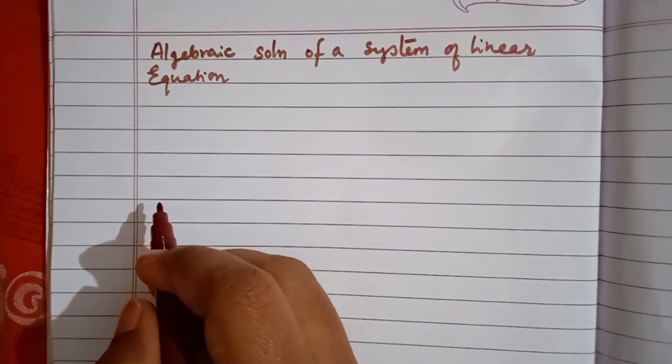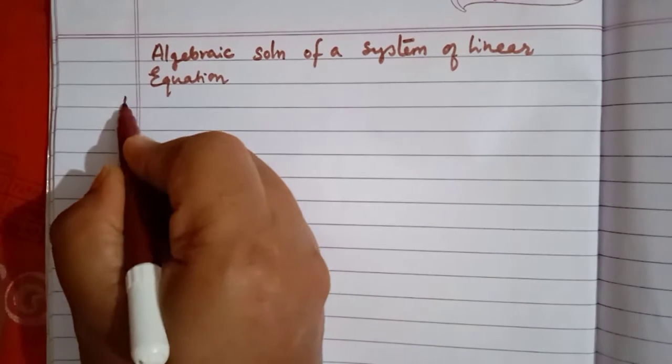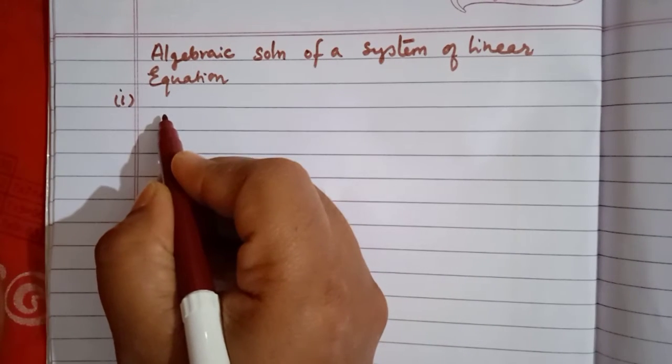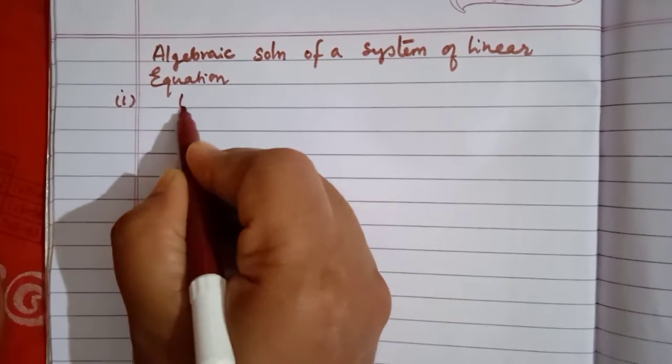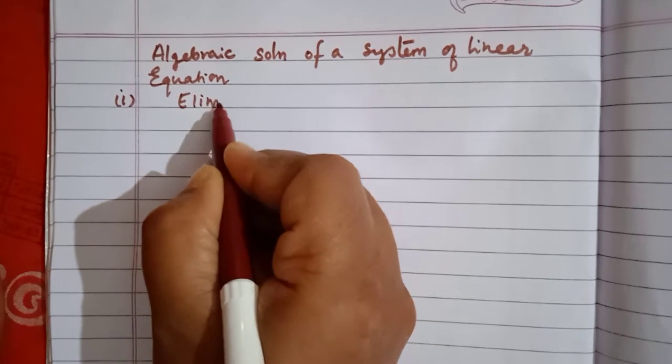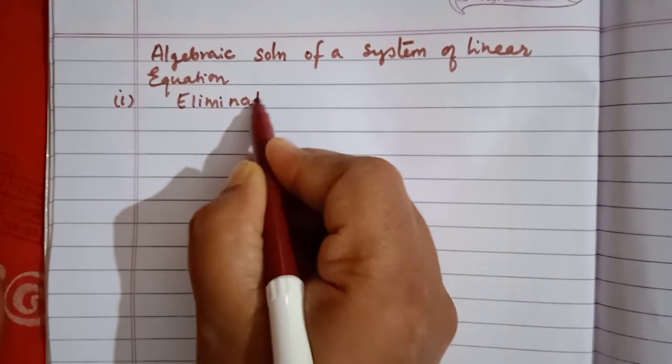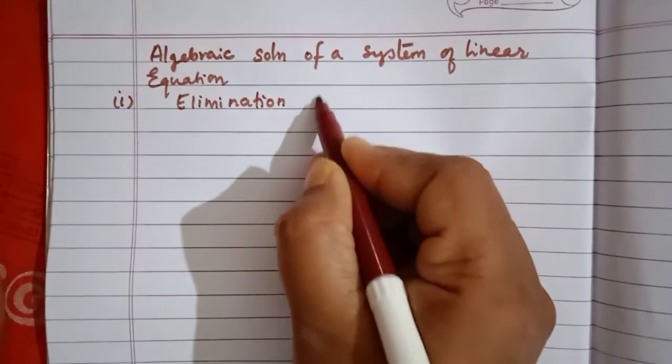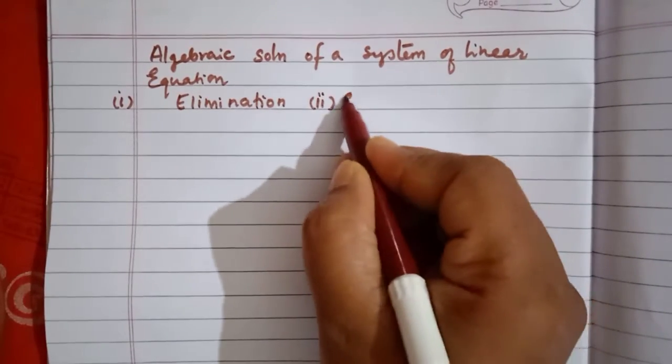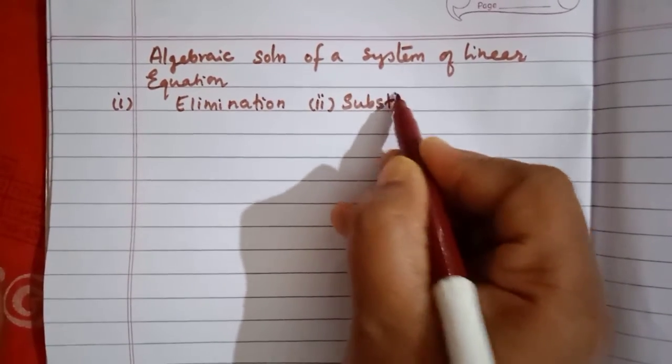There are three methods in this. First one is by elimination method. Second is by substitution method.